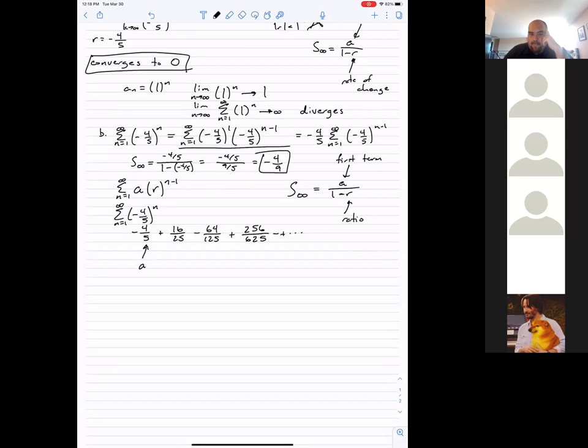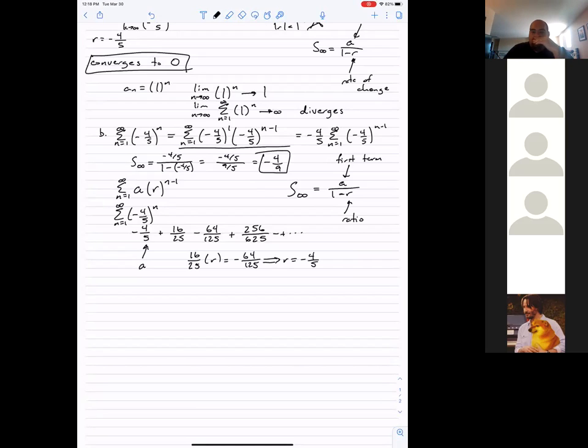Does the one term compare against the other? Right. You can pick any terms that are back to back. I know that 16 over 25 times some R is equal to -64 over 125. You can calculate this yourself, but you should get -4 over 5 for R.